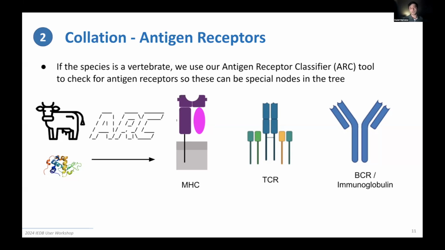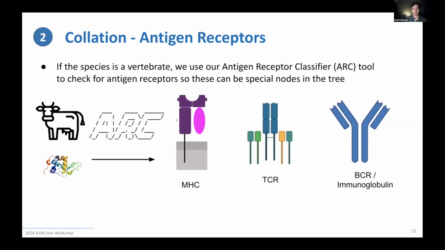So if a species is a vertebrate, which of course are the ones that produce these antigen receptors, we use a tool called ARC to check if the source antigen is in one of these categories or not. This is a sequence-based classifier that can tell us whether it's one of these, and then we can assign that source antigen one of these nodes, and that can also be searched in our protein tree.